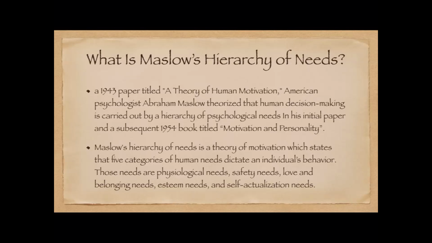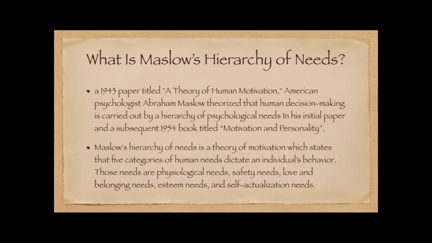It was followed by a book titled Motivation and Personality. Basically, Maslow's hierarchy of needs tells us that there are 5 categories of human needs that dictate an individual's behavior.